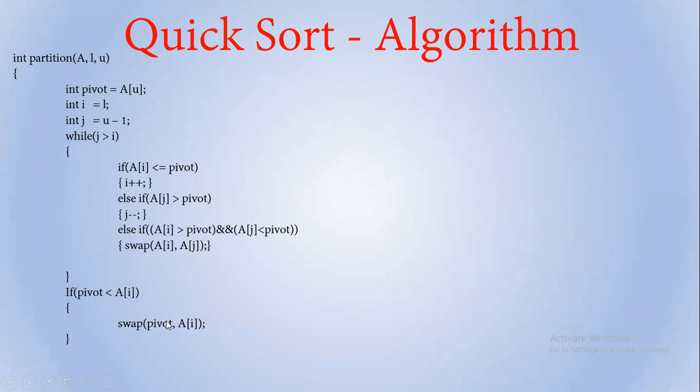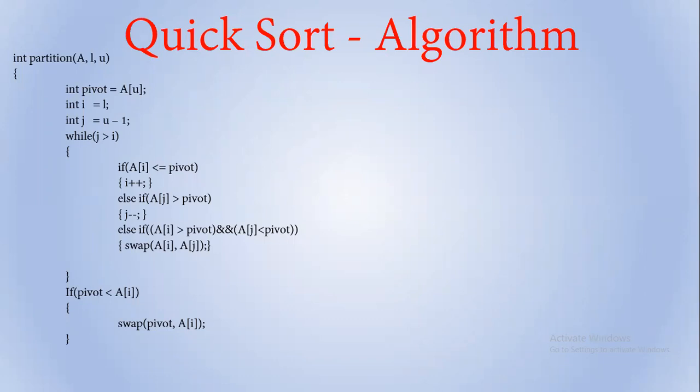So after doing this, you will see that the values towards the right side of the array, A3 and A4, are greater than A2, and the values towards the left side of the array, that means A0 and A1, will be lesser than A2, the new pivot value.